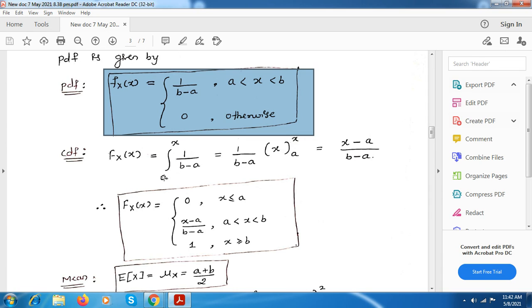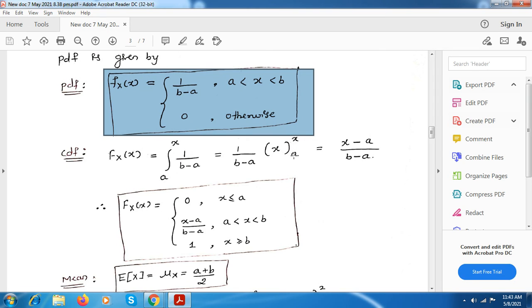So here it is a, and this x can vary from a to b anywhere. So this x is kept as it is. And here from a to x the value is 1 divided by b minus a, and this is a constant. So for integration you just take this outside, and the integration of 1 will be x.